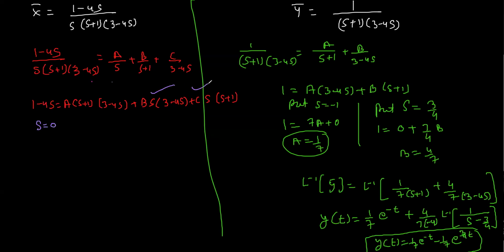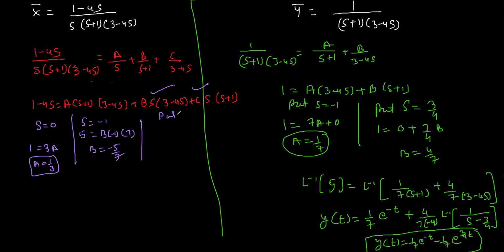When you put 0, you will get 3A. Put s is equal to minus 1. Minus 5 by 7.